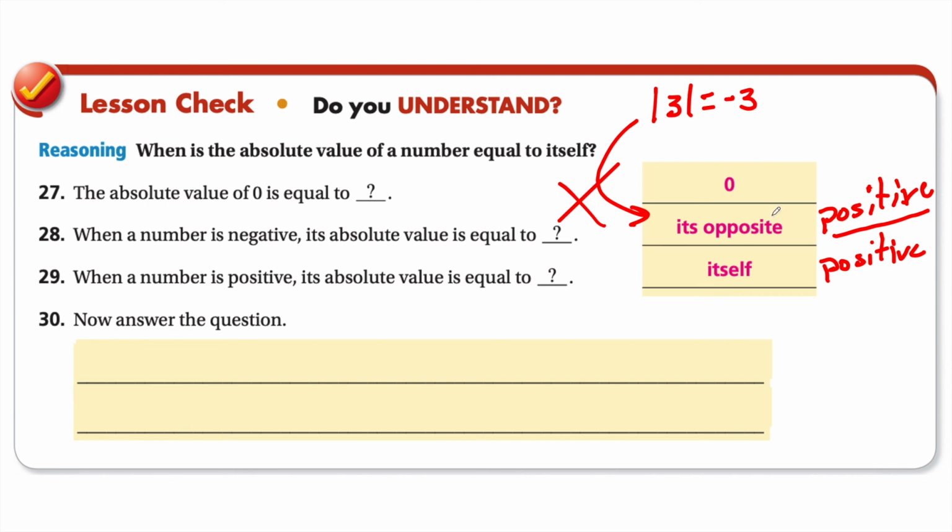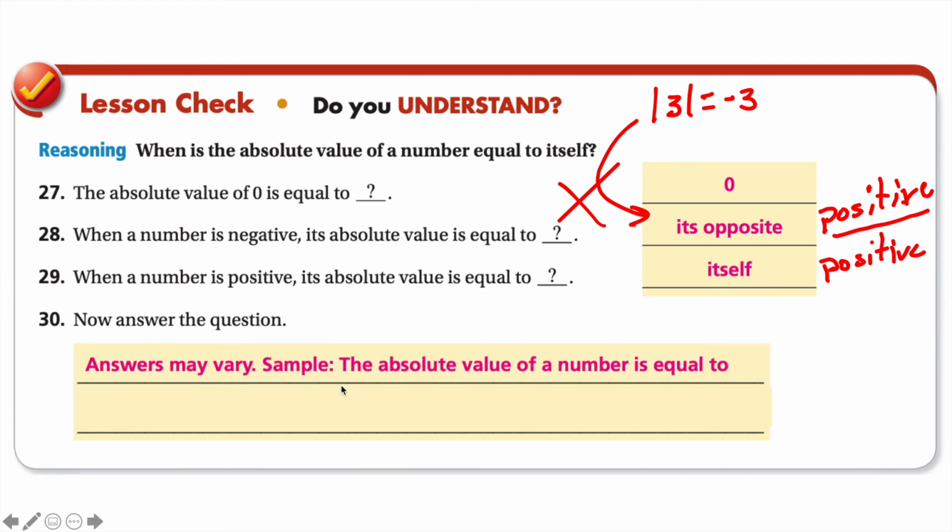So make sure you pay attention to it as positive. It always turns it positive, and it keeps positives positive. So, answer the question: the absolute value of a number is equal to itself when it is 0 or positive. And again, you have to reiterate the 0 part because 0 is neither positive nor negative.